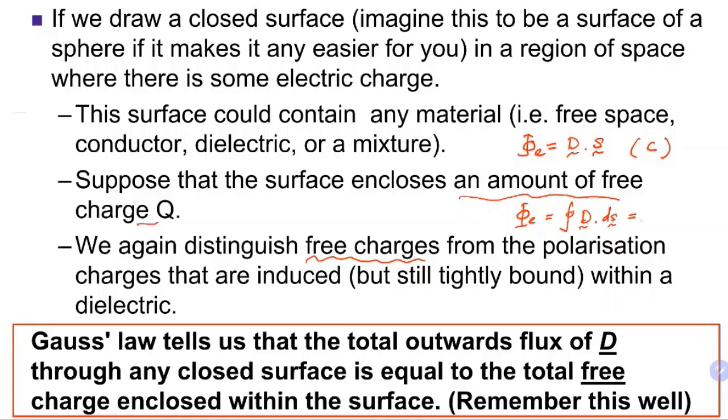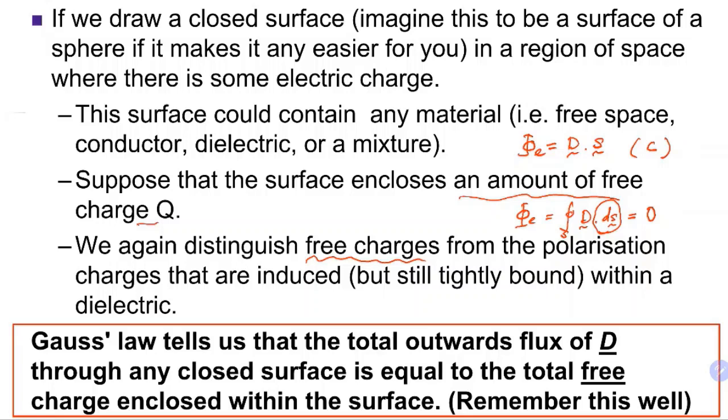And that has to be equal to the charge enclosed inside this surface. So if I do my surface integral, the charge has to be enclosed inside that surface. If the charge is outside, this integral is going to give us zero. That's what Gauss' law tells us: if the charge is inside the closed surface that you draw, then it will be equal to the charge inside that surface.